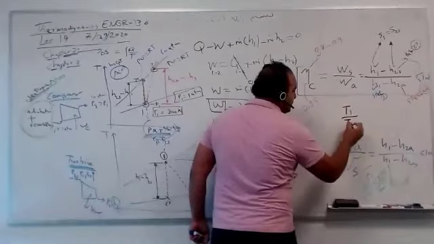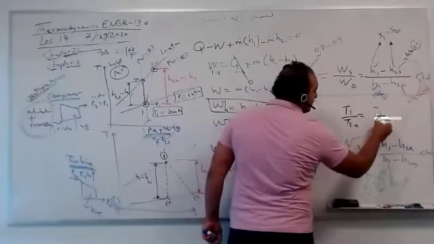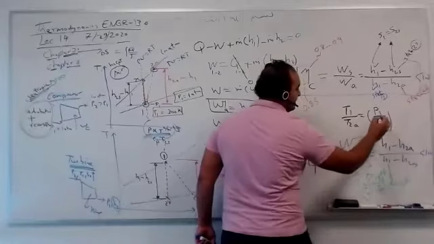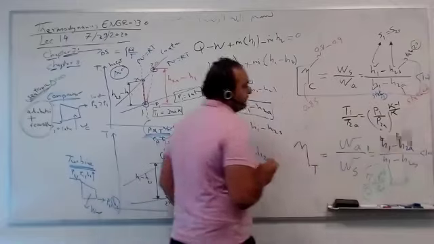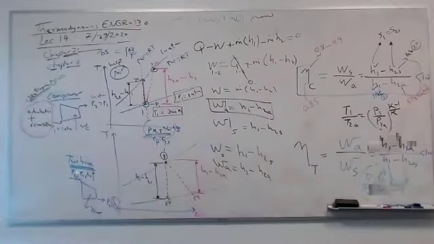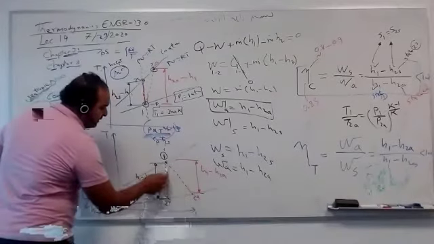T1 over T2A equals P1 over P2A, but with the power K minus 1 over K. Is that correct? Are 1 and 2A isentropic?